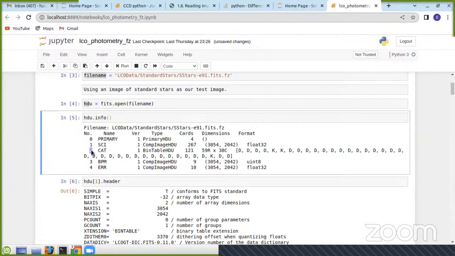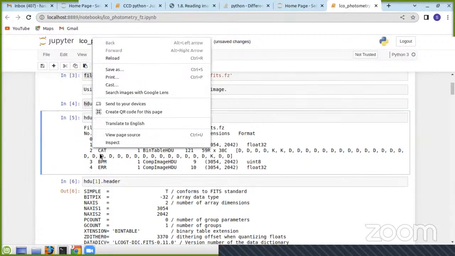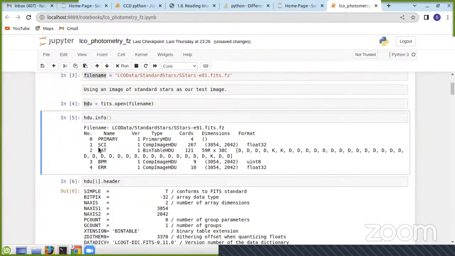See, the labeling is from 0 to 4. 2 is the catalog. 3 is the bad pixel mask. And the fourth one is the errors. It shows the science SCI is 3054 by 2054 dimensions. The format is float. So you have all this information from hdu.info.